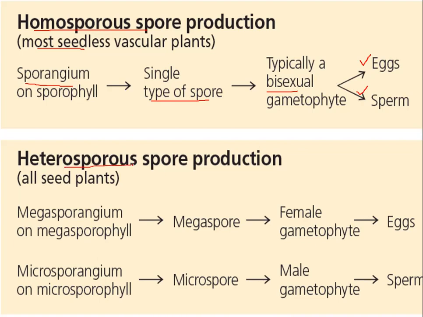As for heterosporous, it produces two types of spore, megaspore and microspore, where megaspore is found in megasporangium while microspore is found in microsporangium. The megaspore will develop into female gametophyte with archegonium that will produce eggs, whereas microspore will develop into male gametophyte with antheridium with sperm.